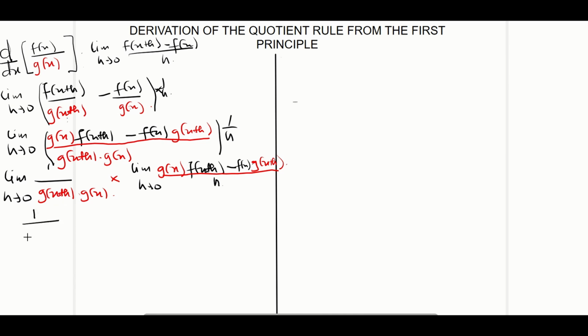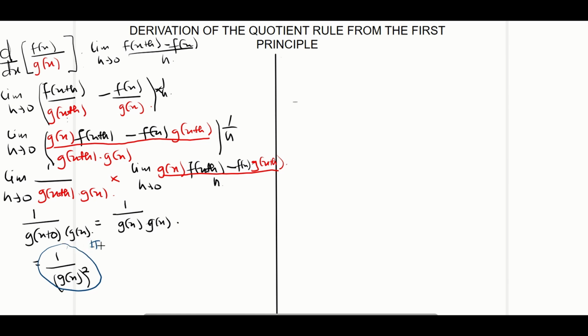We have 1 over g of x plus 0 multiplying g of x, which is the same as 1 over g of x multiplying g of x, which is the same as 1 over g of x squared. So we now put the whole of this down as the first one.